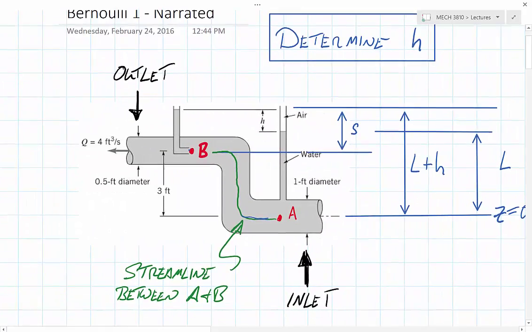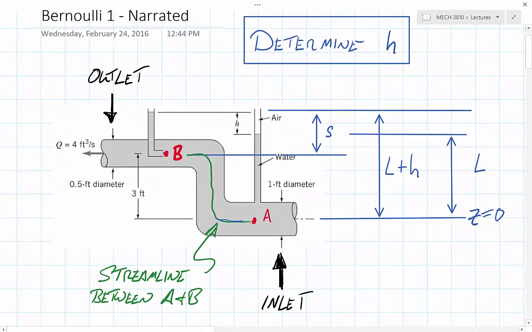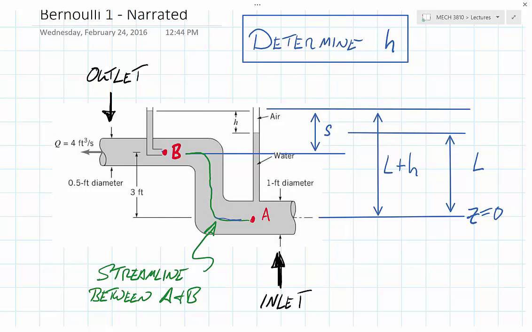All right, so we're going to come over here and look at an annotated portion of the figure. So we notice that we have an inlet and an outlet that defines the 1-foot diameter inlet and the 1/2-foot diameter outlet. We see that we have a streamline that connects 2 points, point A located directly below the static pressure tap and point B located at the entrance to the stagnation pressure tap.